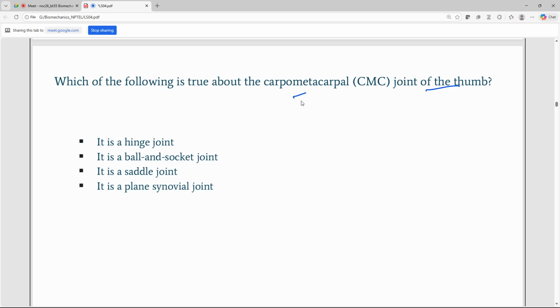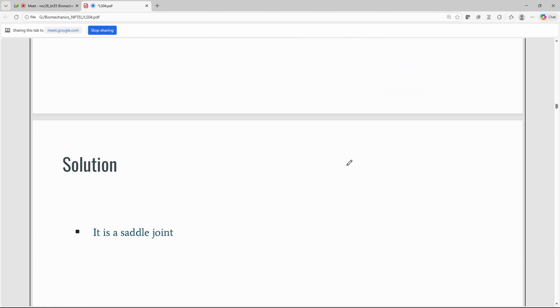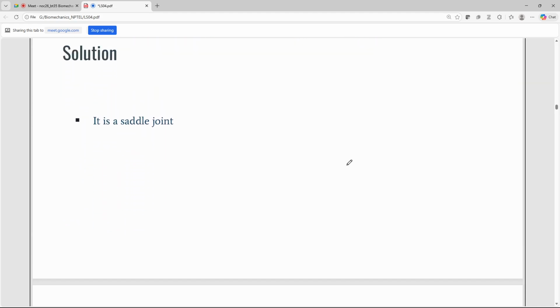The carpometacarpal joint means where the carpals meet metacarpals. So for a thumb, it is a saddle joint. Option C is the answer. For a thumb, the CMC joint is a saddle joint.